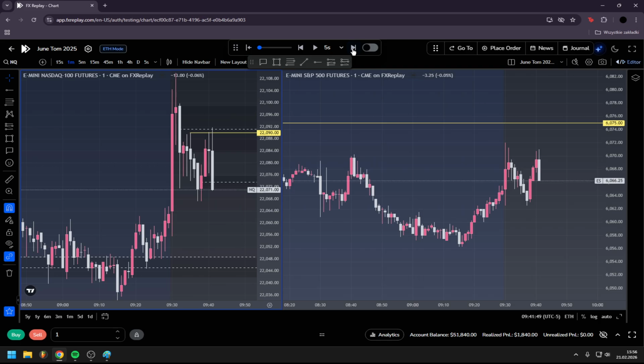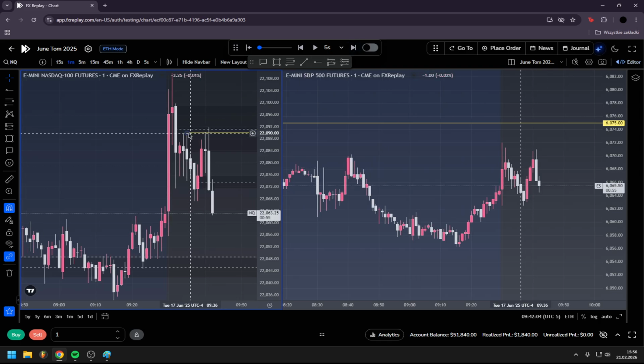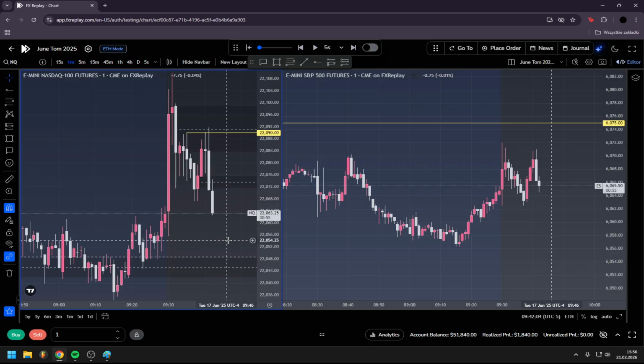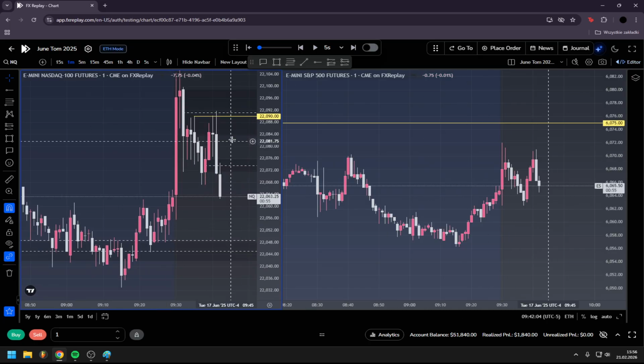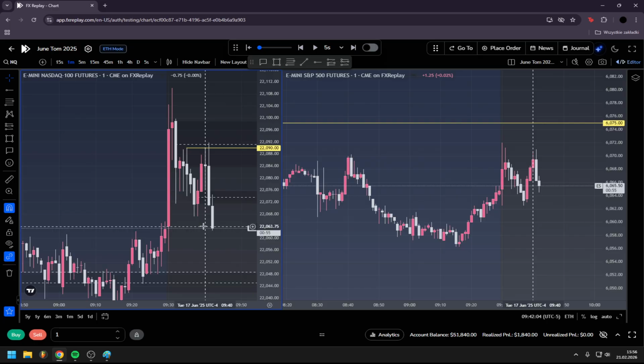So ES is pushing higher, and we do see that we clearly disrespect tapping into the buy side, into the order block. Sorry.